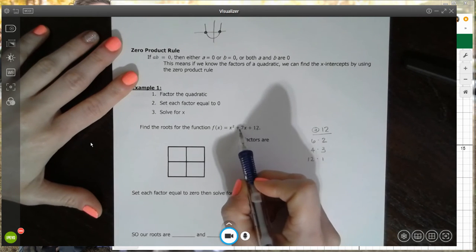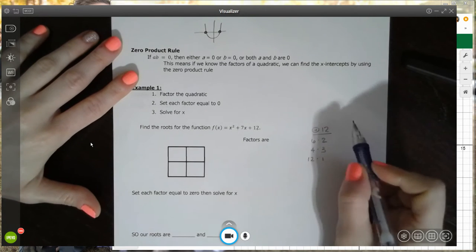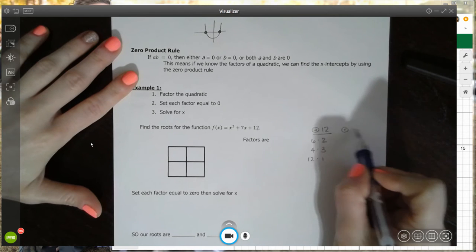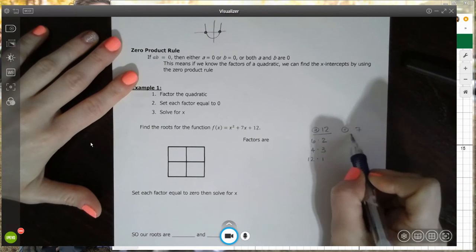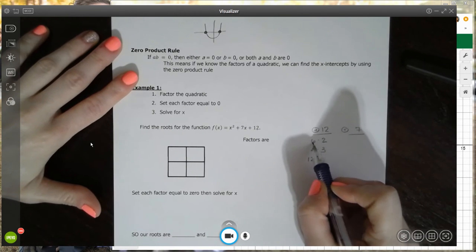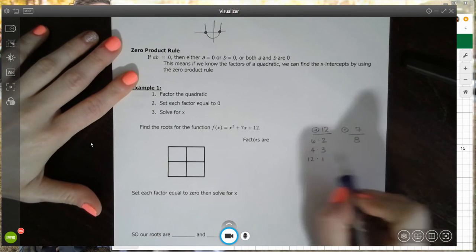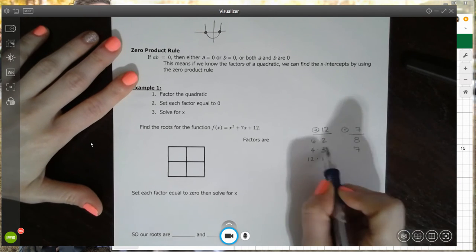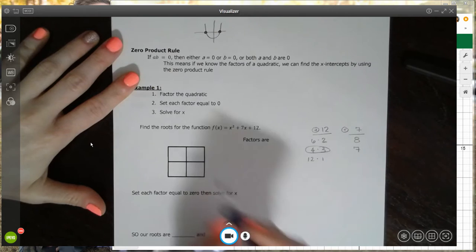Everything is positive because both of these are positive. So I'm going to add to make 7. 6 plus 2 gives me 8. 4 plus 3 gives me 7. So that's where we're at.